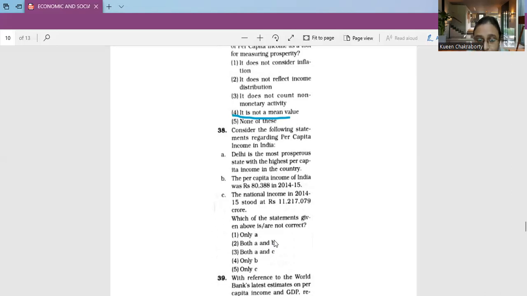And then in 2013-14, it increased to 80,388. And ultimately in 2014-15, it increased to 88,533. So accordingly, we have this option as the correct one, that is option number B. So we will find out which is the correct option to this only. That is option number 4. So option number 4 is our correct answer, which marks the per capita income of India was rupees 80,388 in 2014-15.